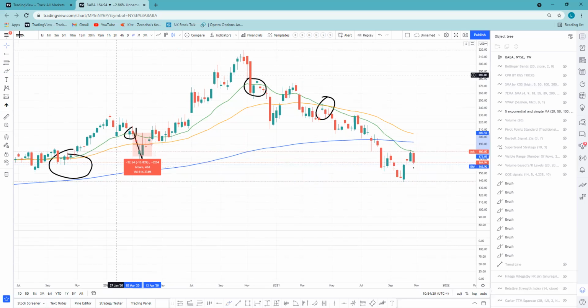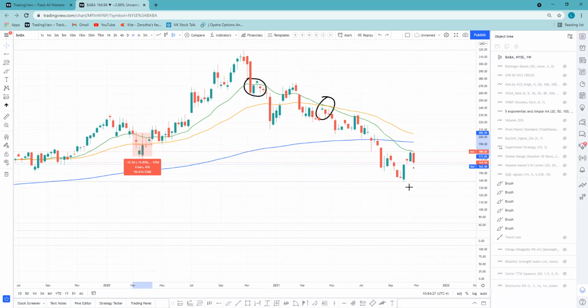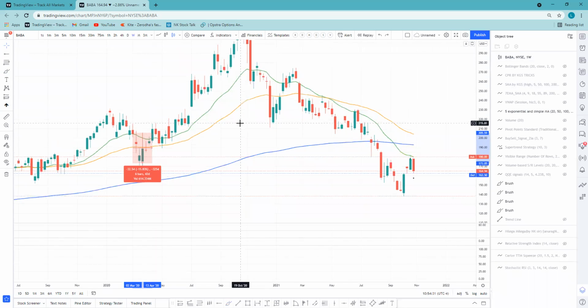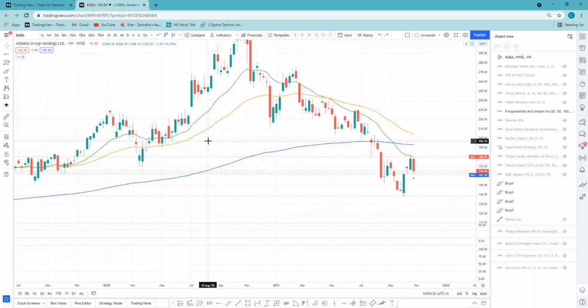Here, one thing you also need to remember is which area the price is taking support from, whether it's taking support from the 50. We'll put it on a daily and then we'll know. Each stock has different moving averages where it reacts more.